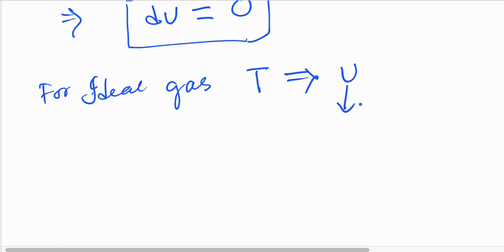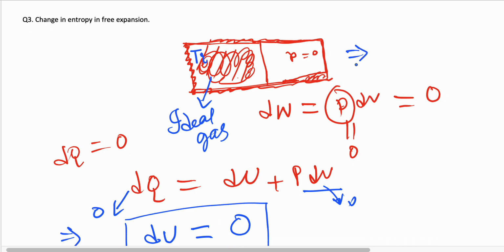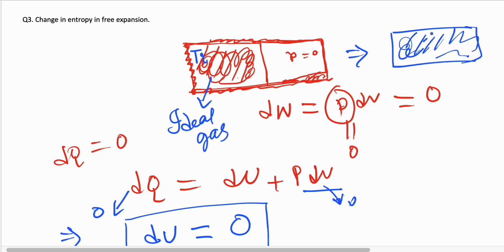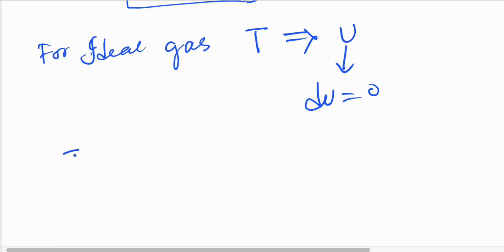If the internal energy does not change, that means dU is equal to 0, so the system's final and initial temperatures are the same. If the temperature of this state is Ti, and in the next state, when the gas is inside everywhere, it is Tf, then since the internal energy does not change here, Ti is equal to Tf. Now from here we can calculate one thing.